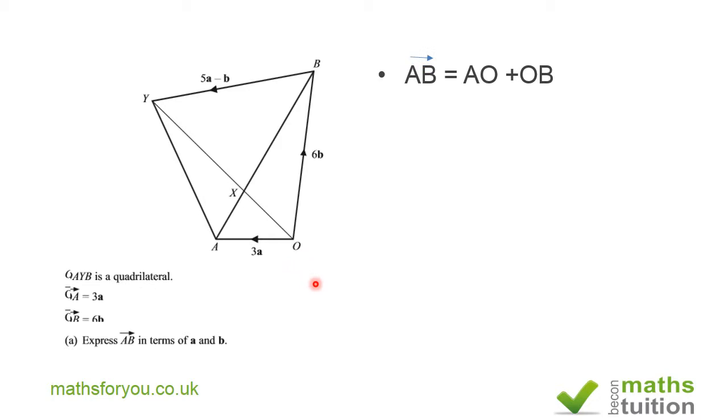So vector AB is AO plus OB, and AO is minus 3a, and OB is plus 6b.